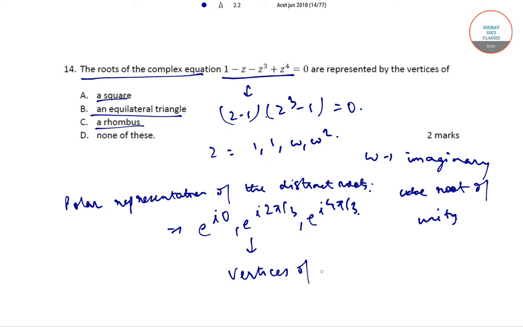These are the vertices of an equilateral triangle. So option B is the correct answer.